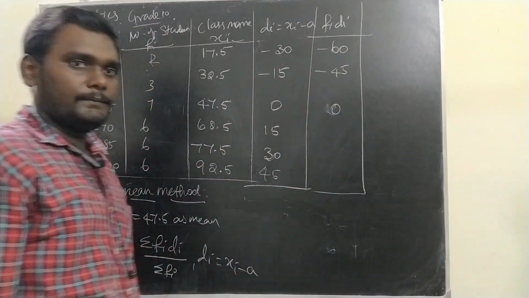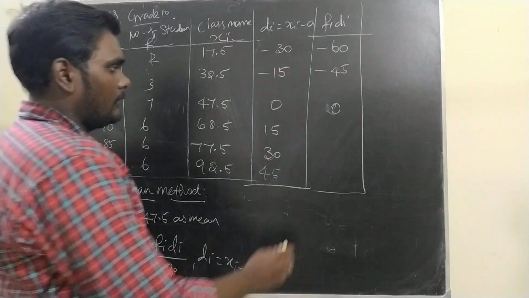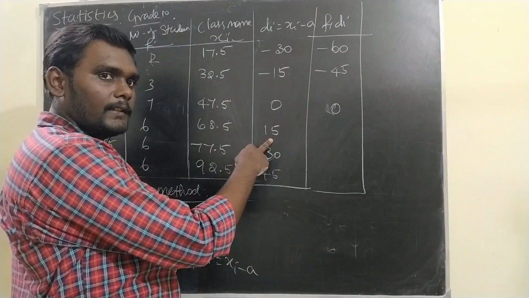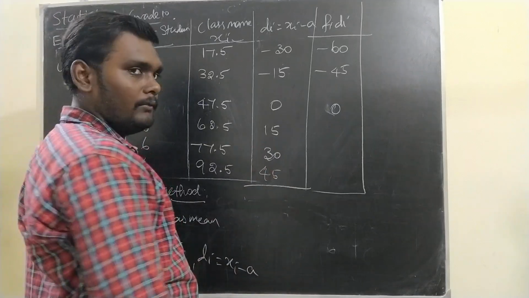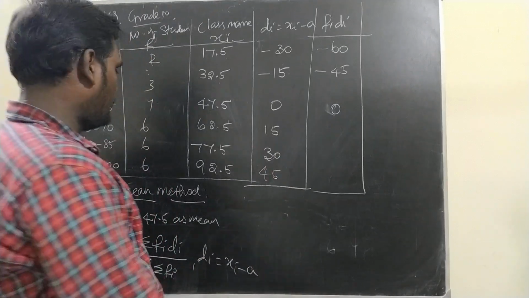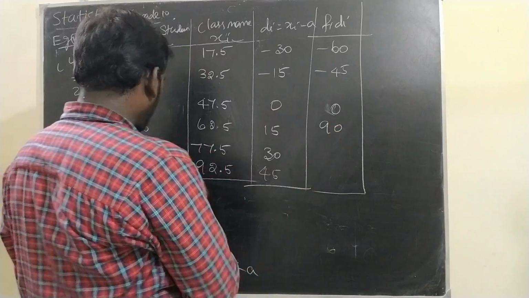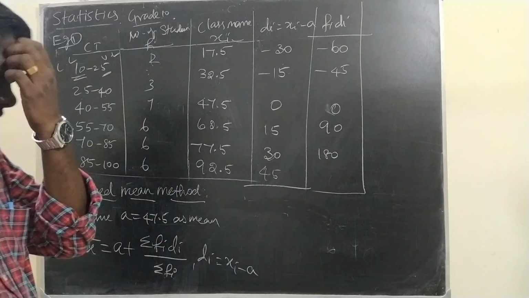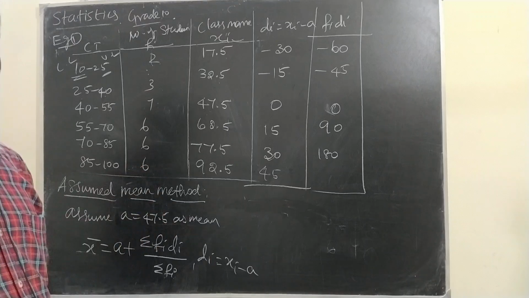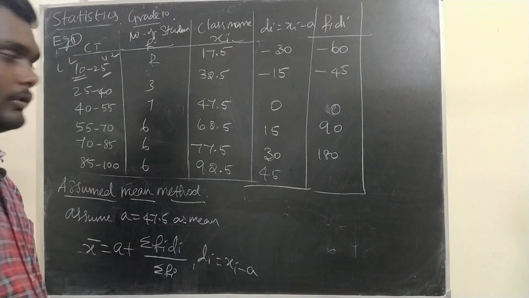Here 0 always. 30. 6 times 15, 90. 6 3s are 18, 180. 6 times 45, 270.